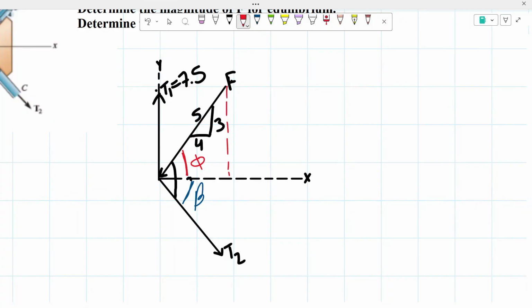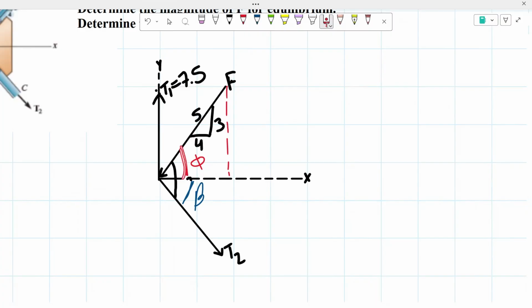So by knowing that, to find this angle right here, we could use any of these sides. I'm going to use the side of 3 and the side of 4.